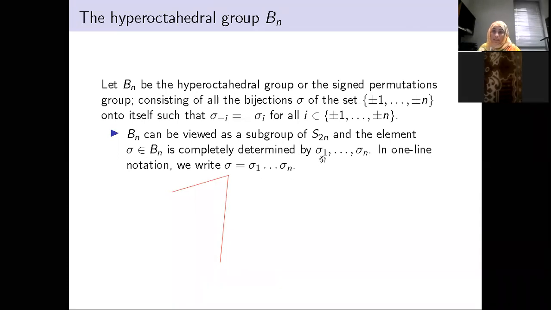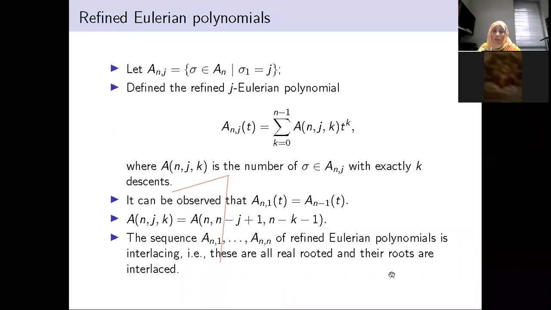Excuse me, what is meant by interlaced roots of the polynomials you mentioned? Interlaced roots means that if you pick the roots of A n, which is real rooted, then you can place them in some order. Similarly, for the other polynomial, which is again real rooted, you can place their roots in order.